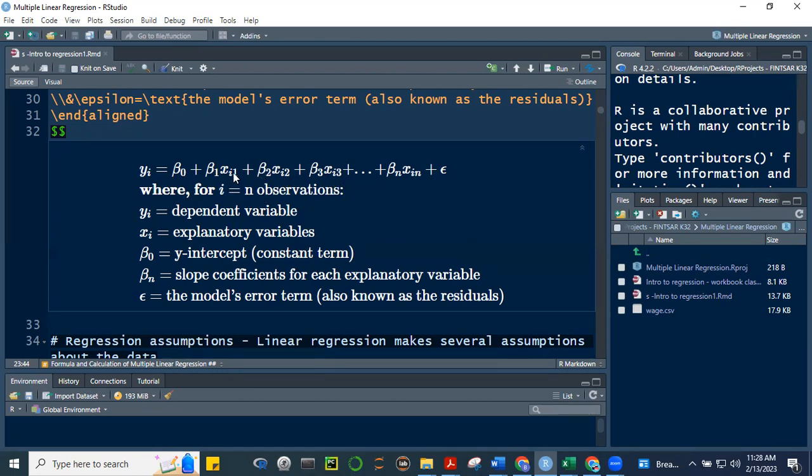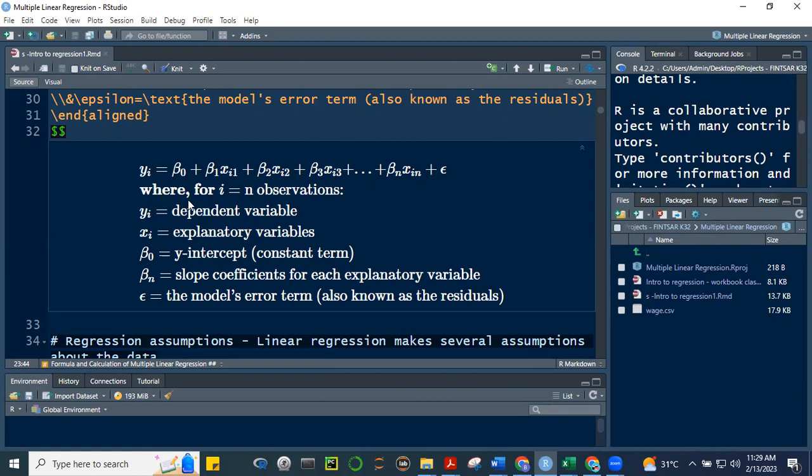The i's here, y sub i, x sub i, refer to the different observations. So y sub 1 will be the first observation, y sub 10 will be the 10th observation. And x sub 1 is the first independent variable. Then you have the second independent variable up to the nth independent variable plus a certain error term.